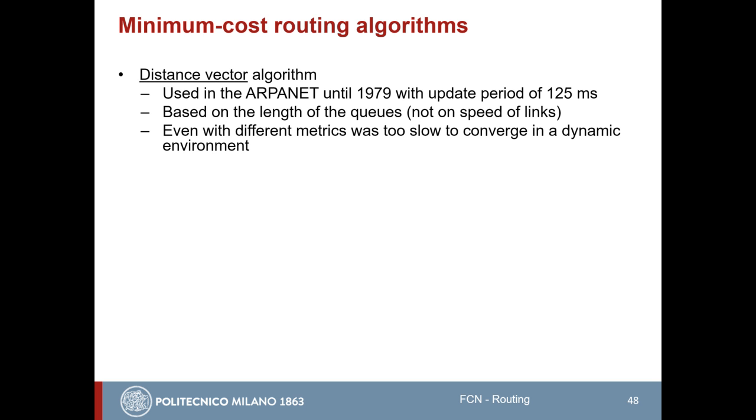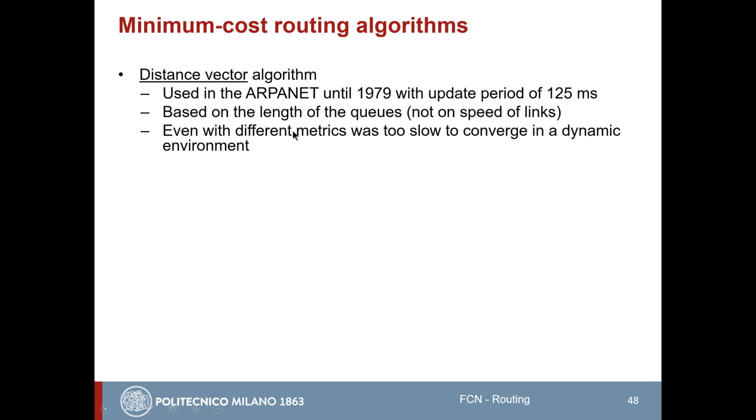So when we are considering routing algorithms that have actually been applied to the internet, distance vector was the first one, and it was used in ARPANET, the origin of the internet, at the beginning, and it was based on a metric which measured the length of the queues on all the routers in the network. That is more or less equivalent to the delay met by the packets, and so it was not related to the speed of the links.